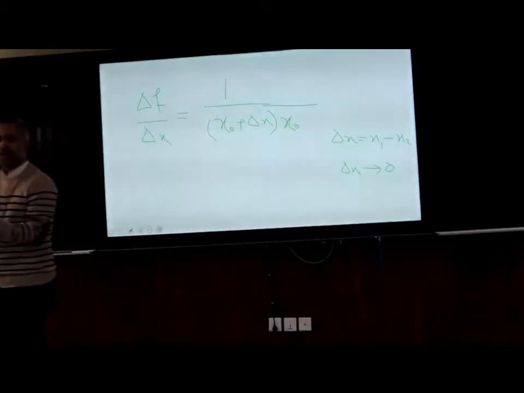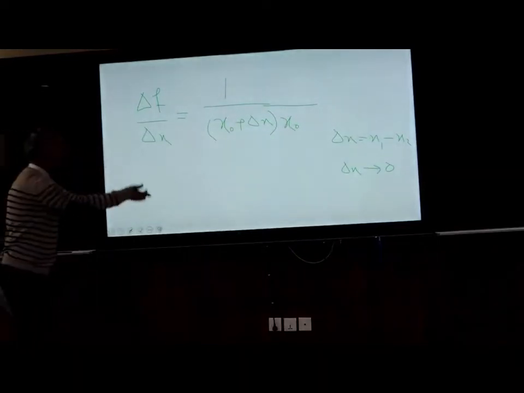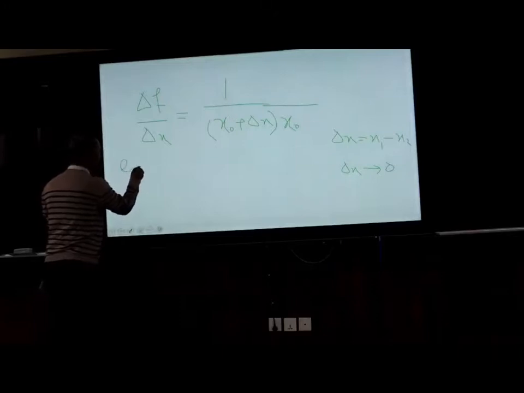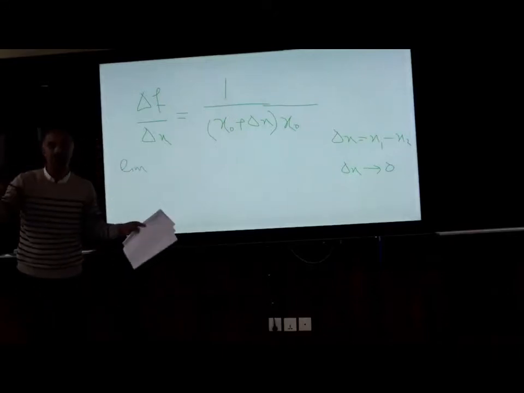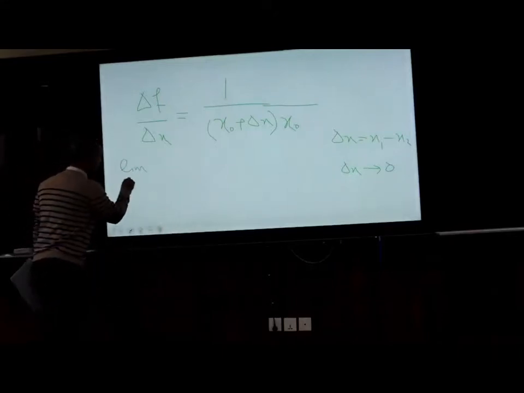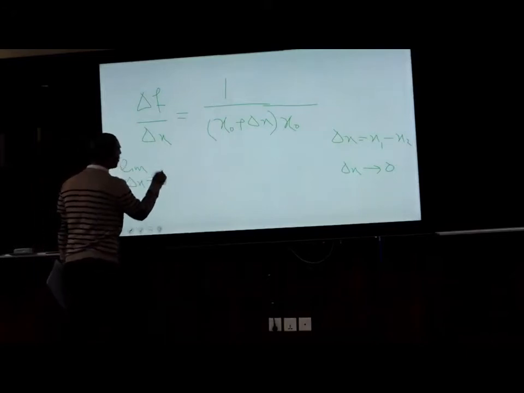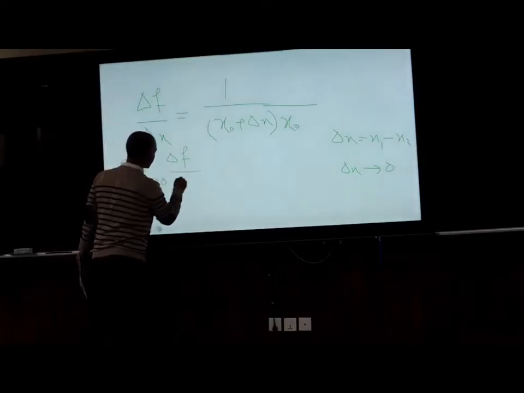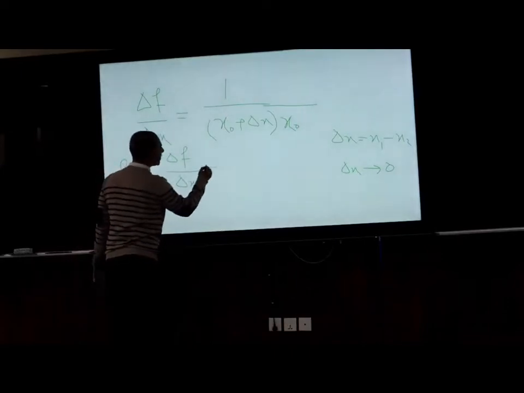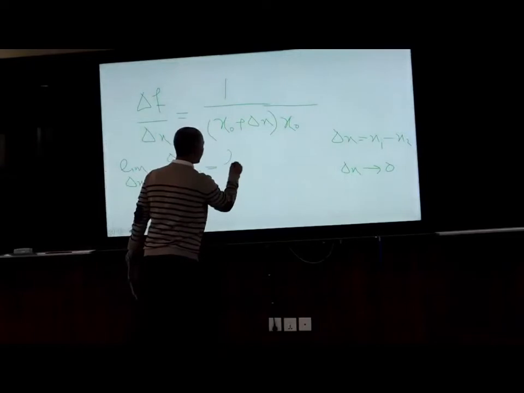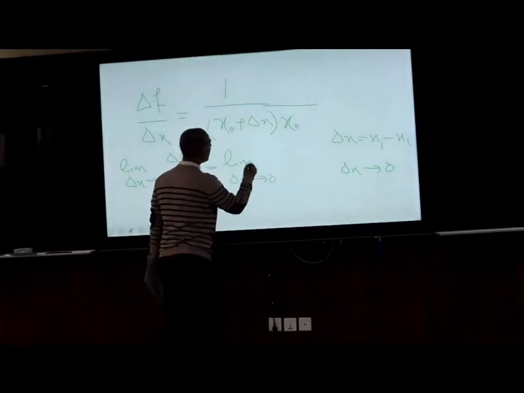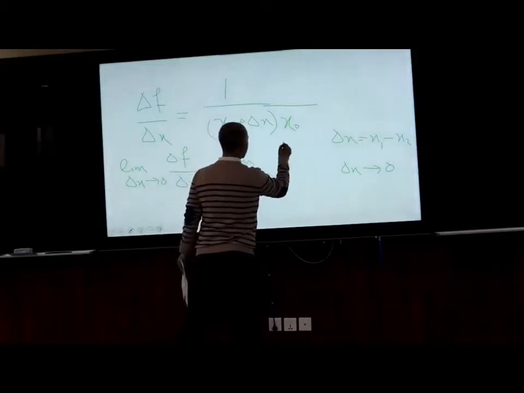The difference between x1 and x2 is minimum, approaching 0. So we will apply the limit. It touches only one point of the curve. Therefore, we say delta x approaches 0 on our left hand side. Similarly, on our right hand side, the limit delta x approaches 0, and we will have this.